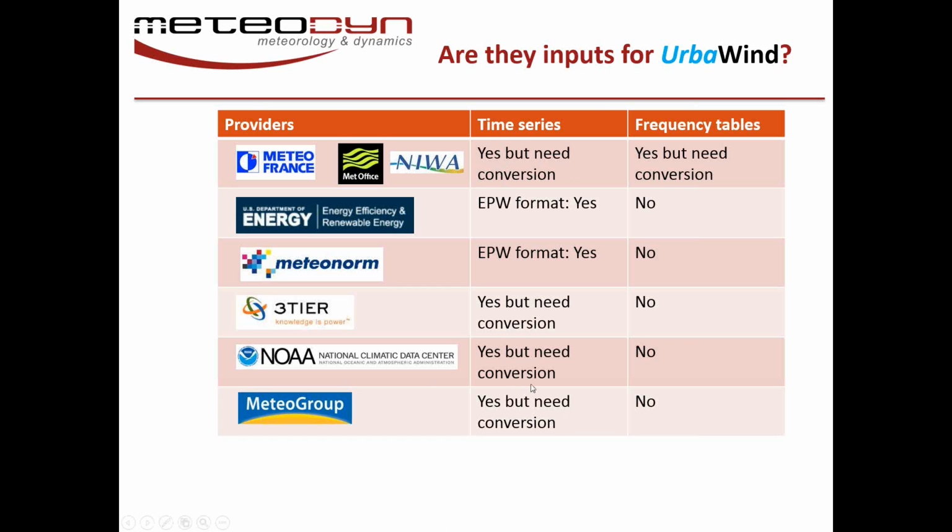It's quite straightforward using Excel. Just one exception is the format from the US Department of Energy website, EPW, which is directly read in UrbaWind.